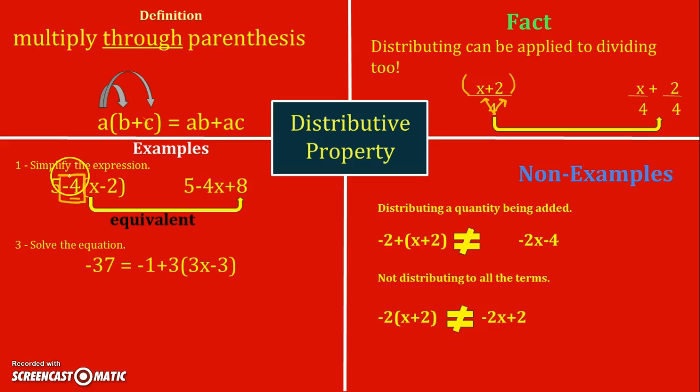So when we distribute the negative 4 through the parentheses, we get a new expression that is equivalent, meaning they're the same expressions, just written differently. That new expression is 5 minus 4x plus 8. We got that minus 4x plus 8 from our distribution. Negative 4 times x is minus 4x. Negative 4 times negative 2 is plus 8.